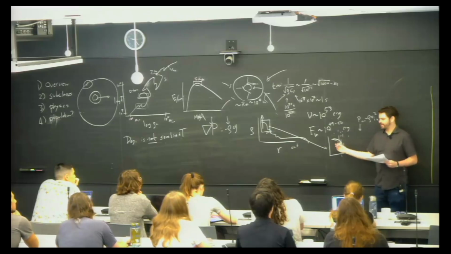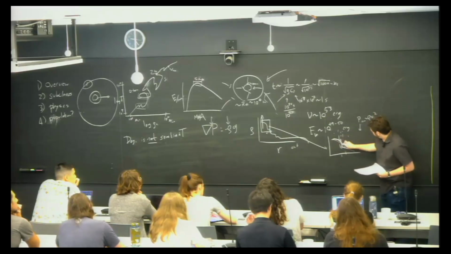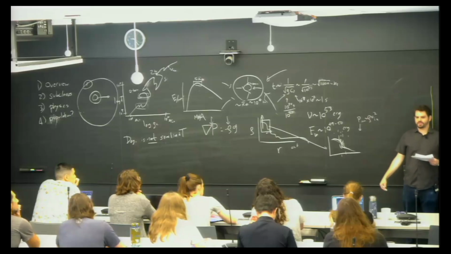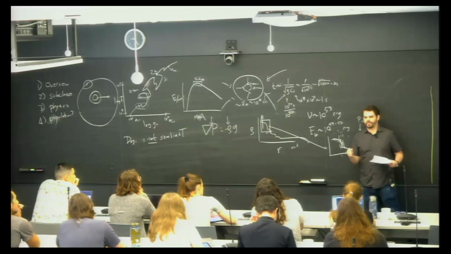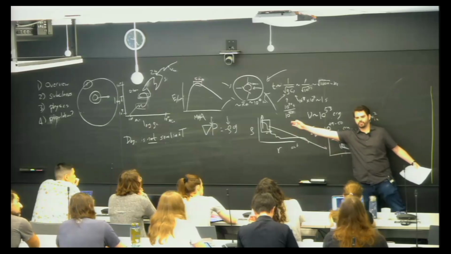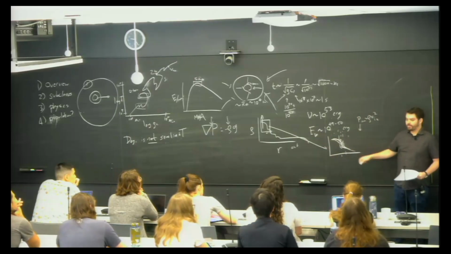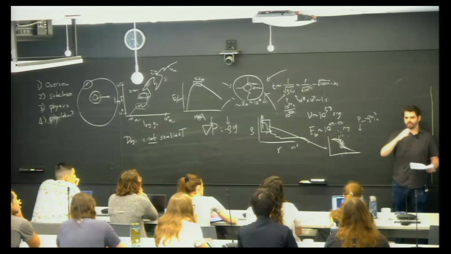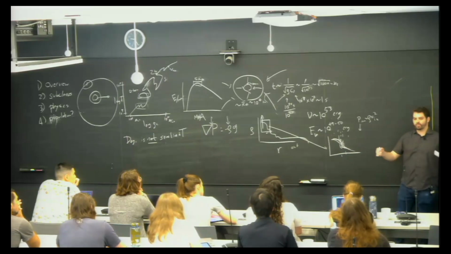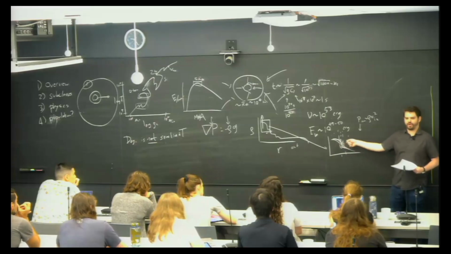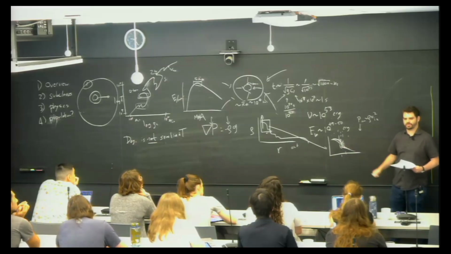You have a shock that's trying to get out. If all of a sudden the density above it plummets and you can just move it a little bit, then there's a lot less falling on its head, so the shock can run away. If, on the other hand, the slope is more shallow, the core is in some sense less compact, more diffuse, the shock has to keep fighting all this infalling material as it tries to get out of the star.